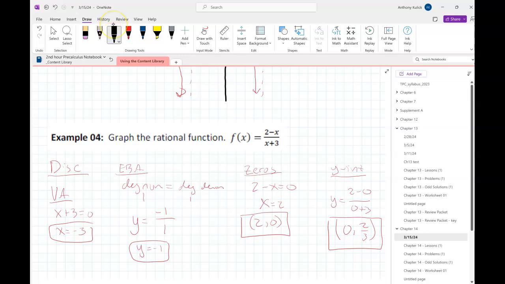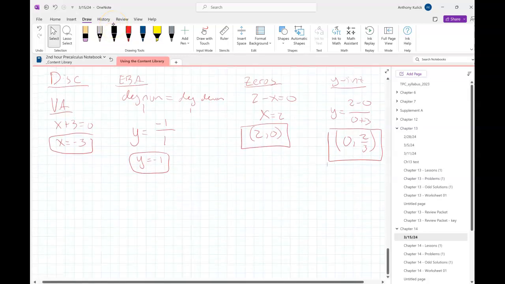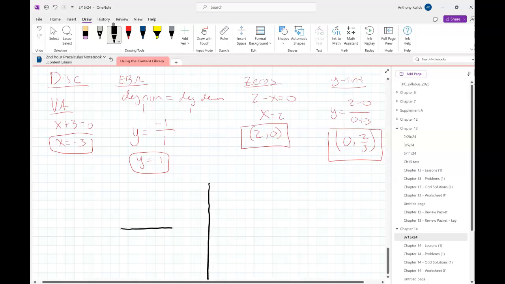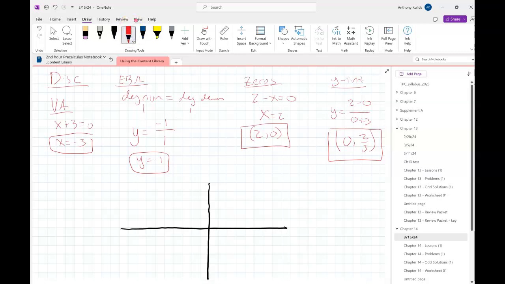This one will probably be easier than the last one because we only have one vertical asymptote, so we don't have as many test sections. We might not have to do any tests, to be honest with you. Let's just see. So let's see, 1, 2. Test values.